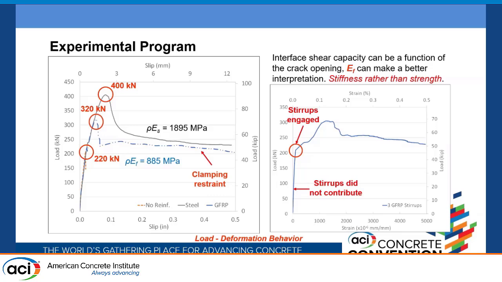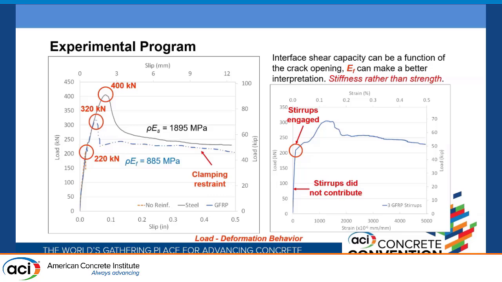When we have this curve, in this part, with larger values of slip, the contribution of the dowel action starts to participate in the phenomenon. But at this point, we have already achieved the peak load. For that reason, most of the design guidelines do not consider the contribution of dowel action in the calculation of the interface shear transfer capacity.